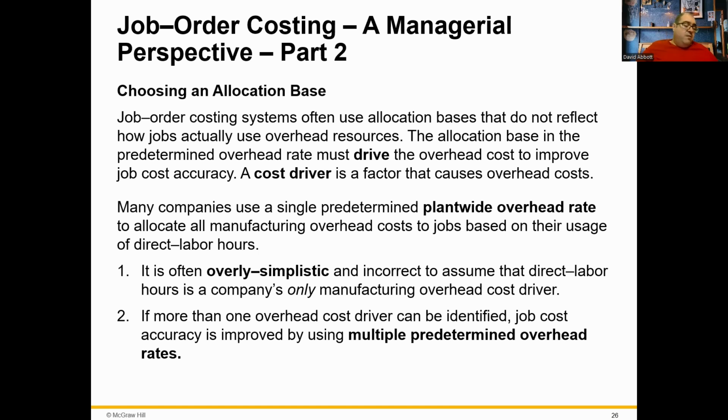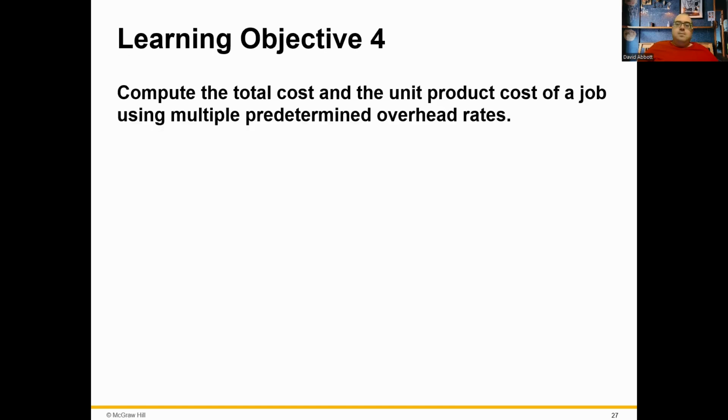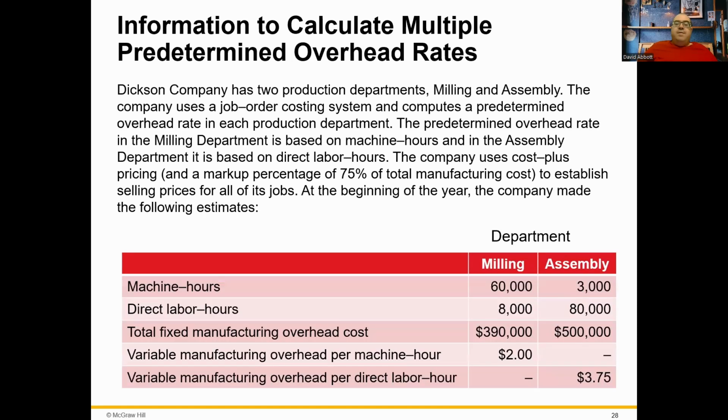So just being aware of that. If more than one overhead cost driver can be identified, job cost accuracy is improved by using multiple predetermined overhead rates. So you might use one overhead rate and then another in combination with it. And we'll look at an example of how we might go about that.